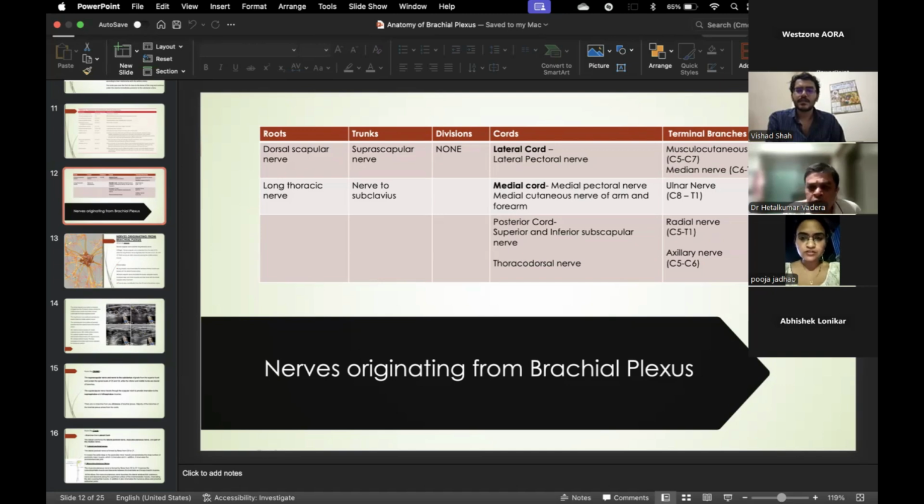Supraclavicular block, sir. Vishad, what is your opinion? Infraclavicular, sir. No, it is supraclavicular. If you don't know this, then it is really difficult. Everybody should know this, that the highest incidence of pneumothorax is with supraclavicular.